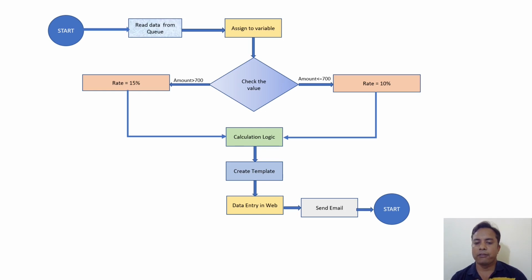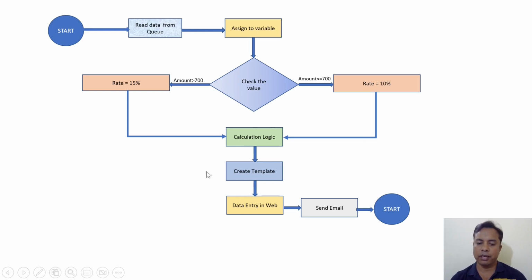So let's say if the billing amount is more than 700, as on your screen, then we will add 15% on the total bill. If it is less than or equal to 700, then we will add 10% of the total bill.